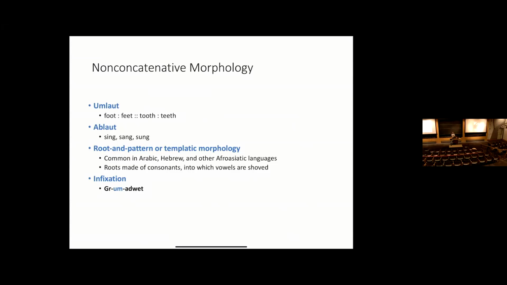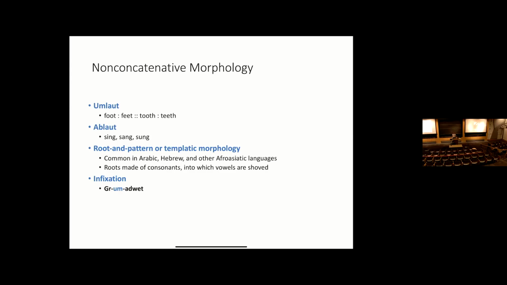But this is small potatoes compared to what happens in Hebrew or Arabic, where they have root and pattern or templatic morphology. And in these languages, roots are kind of like just a sequence of 2 or 3 or 4 consonants. And then you shove vowels into the middle, between these consonants, and lengthen the consonants and do other things to them in order to make new words, new forms of the same word.